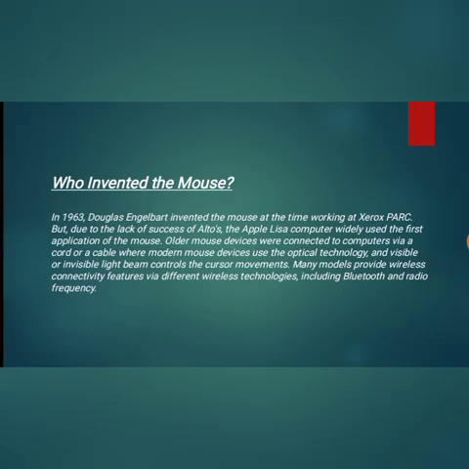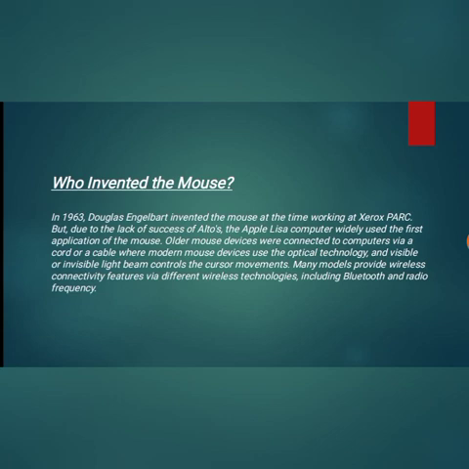Who invented the mouse? In 1963, Douglas Engelbart invented the mouse, at the time working at Xerox PARC. But due to the lack of success of Altos, the Apple computer was widely used as the first application of the mouse.